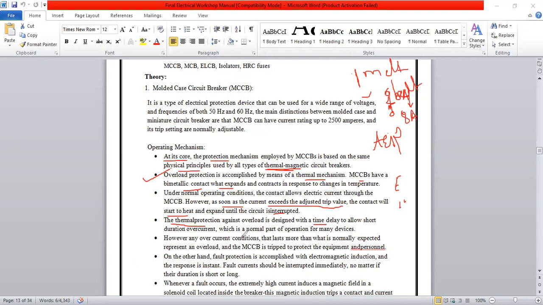However, an overcurrent condition that lasts longer than normally expected represents an overload, similar to overcurrent. Suppose we consider a DC motor.